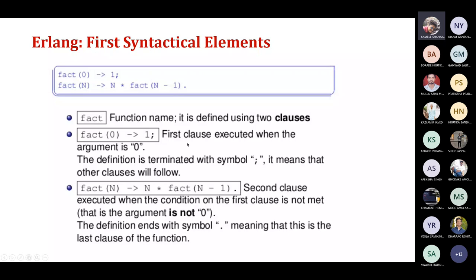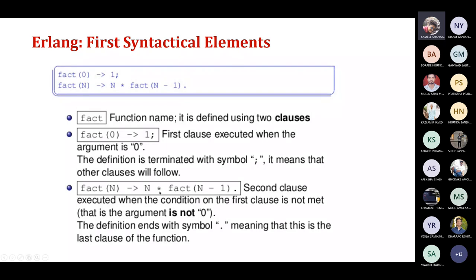So the first clause is executed when the argument is 0. The definition is terminated with the symbol semicolon. It means that the other clauses will follow. So the semicolon is or. And then you have a full stop here. Take care of this full stop. Full stop is the end.